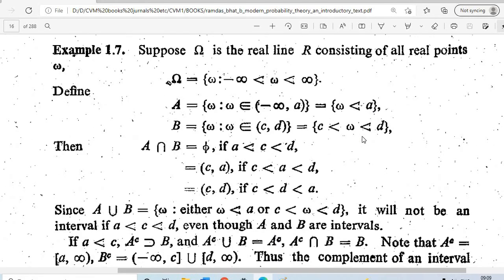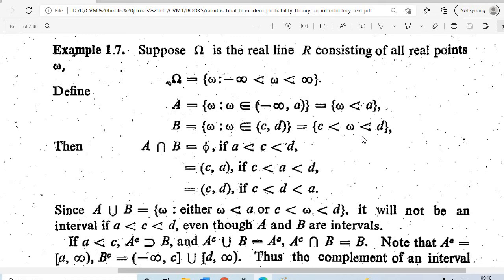Now we consider another example. This is real life. Omega is the real line. Height, weight, temperature can range from minus infinity to infinity. Random values on the real line, for example the temperature of a particular place: today's temperature may differ tomorrow. That is random, so we cannot predict, but we know it will lie between minus infinity and infinity.